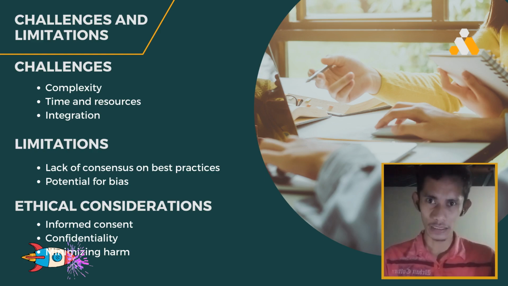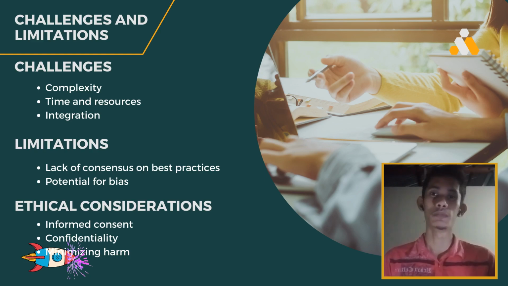Next is confidentiality. Researchers need to protect the confidentiality of participants. This means that researchers should not disclose any personally identifiable information about participants without their consent. Next is minimizing harm. Researchers need to minimize the risk of harm to participants.